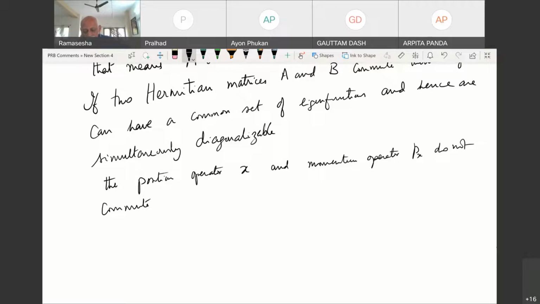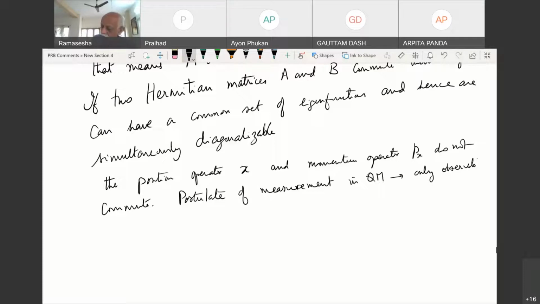No, right, they don't commute. Okay, so which means we also have the postulate of measurement in quantum mechanics, which says that the only observables are eigenvalues.